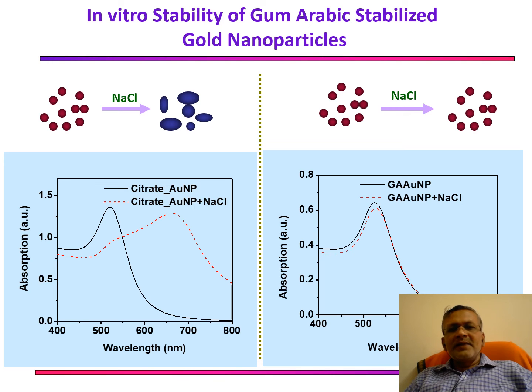Another chemical method, to check whether we have synthesized it properly or not, is to destroy its nature by just adding sodium salt, NaCl. Then suddenly the surface plasmon resonance shifts to around 700 and the peak broadens.